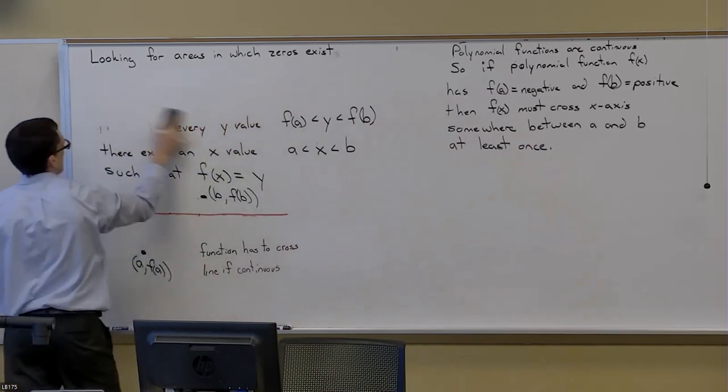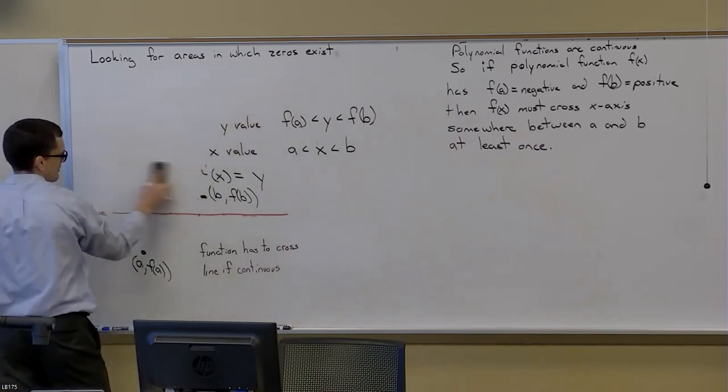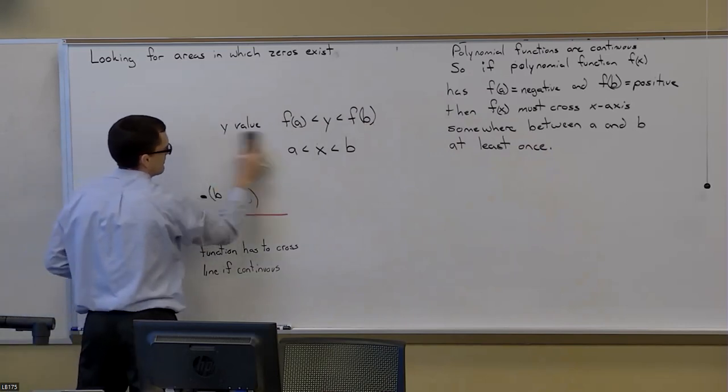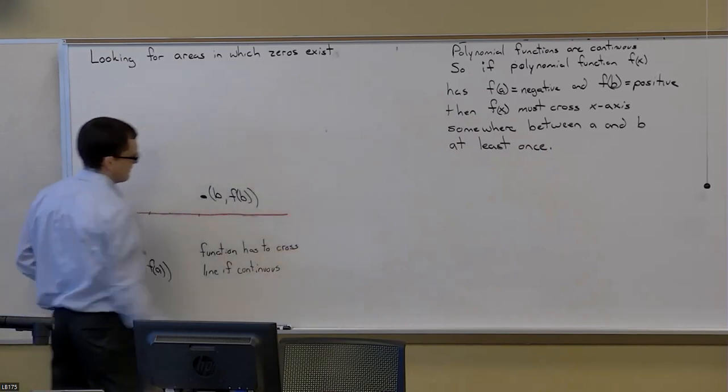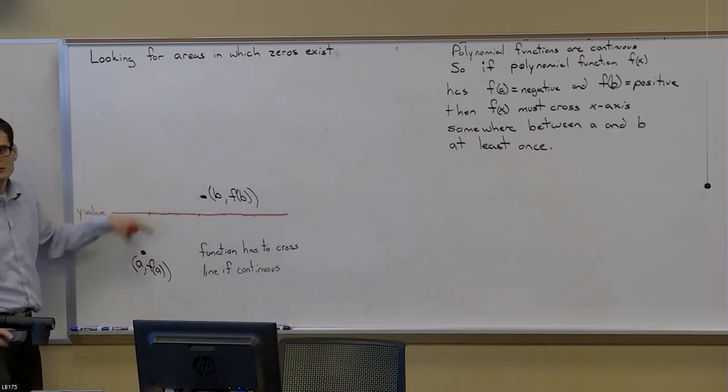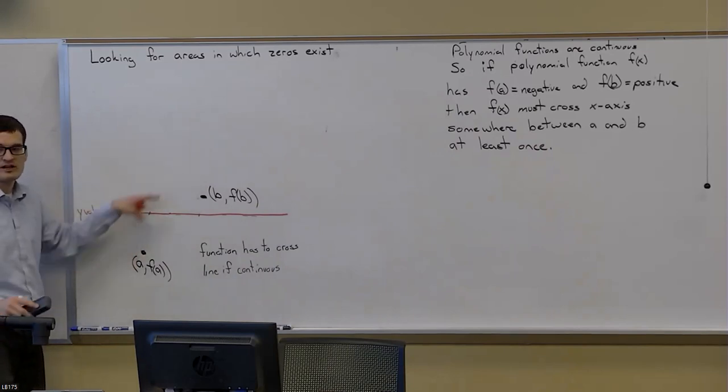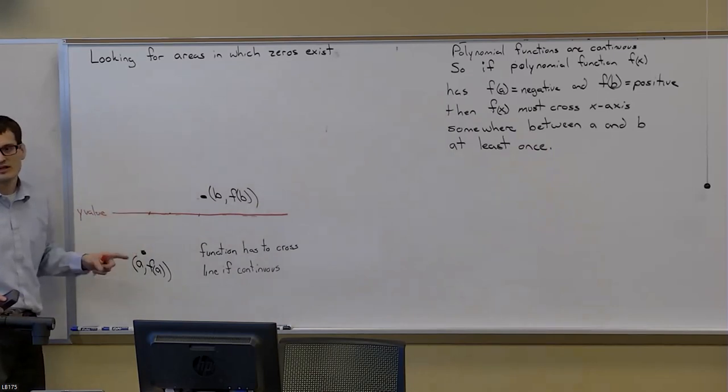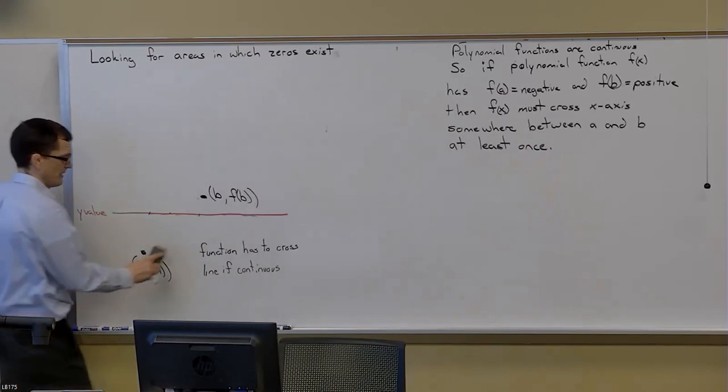So that all comes from the intermediate value theorem. And the intermediate value theorem, again, is just the principle: if you have a continuous function and you know 2 points on opposite sides of a horizontal line, it's going to cross that horizontal line at some point between a and b.